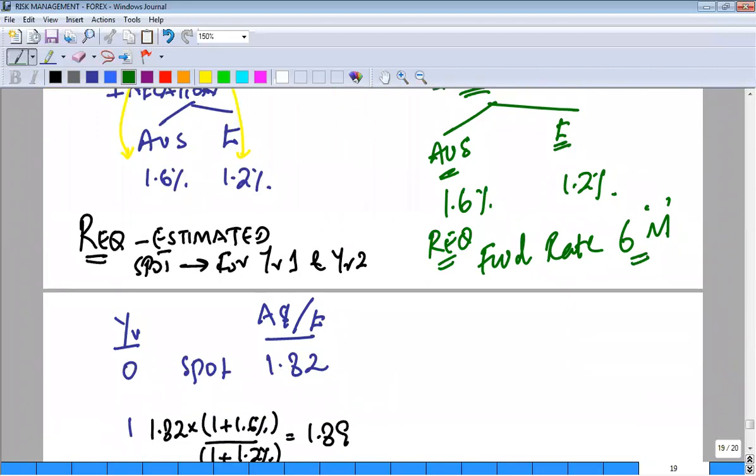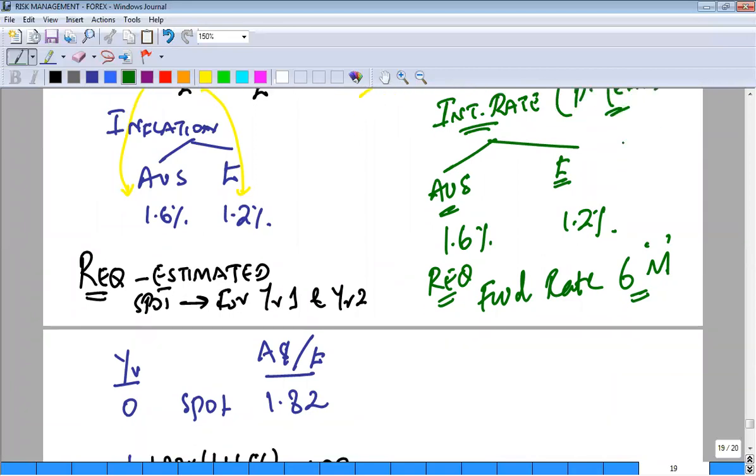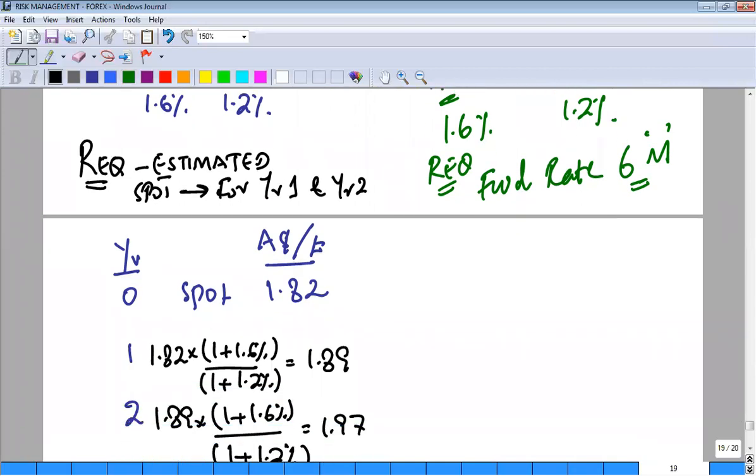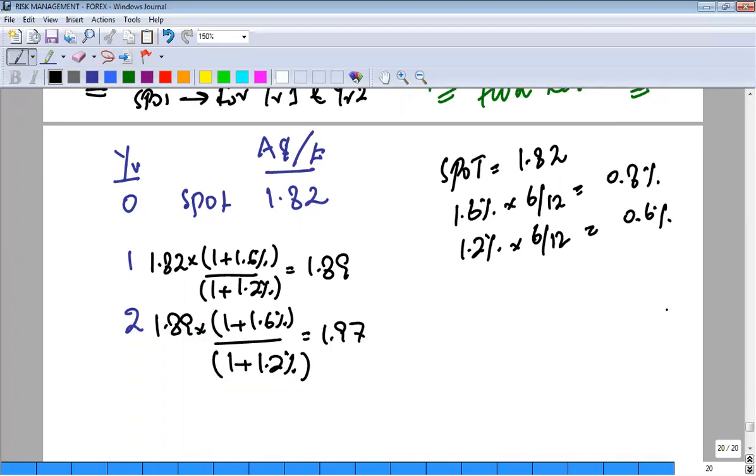Then how will you calculate it? This 1.6 and 1.2% are per year, so you will apply it accordingly. You will say spot is equal to 1.82 and interest 1.6% into 6 over 12, because it is a 6 months forward rate, and 1.2% into 6 over 12. That is 0.8% and 0.6% for 6 months.